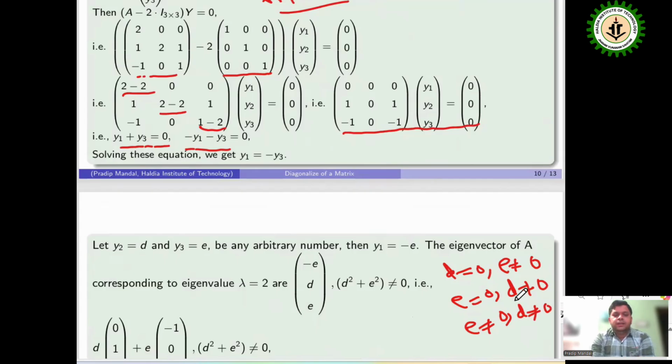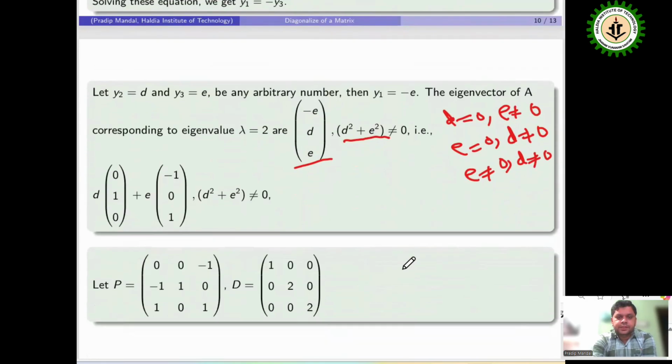If both are 0, then the eigenvector is 0. But if at least one of d or e is non-zero, then the eigenvector is non-zero. That's why we take d squared plus e squared non-zero. If we take d and e common, we get d times (0, 1, 1) plus e times (minus 1, 0, 1). And this is the condition.